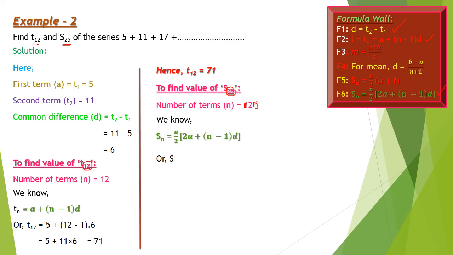Now we replace the variables: n with 25, 2a with 5 plus n with 25 minus 1, and d with 6. That is 25 by 2 times the bracket of 10 plus 24 times 6.